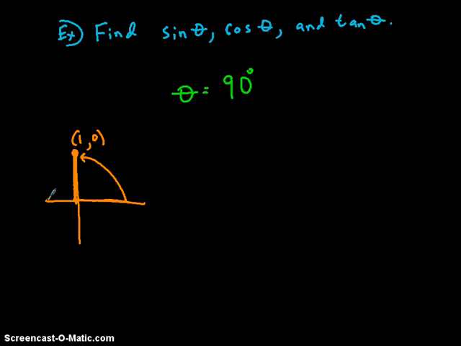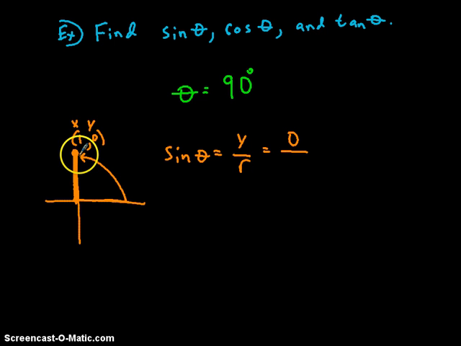So in order to find sine of 90, it's best to know that sine of theta is equal to y over r. Because at this place, there's no way to create a triangle. So this is x, this is y, and if that's the case, it's going to wind up being 0 over r. And if there was a triangle, the r value has to be 1.